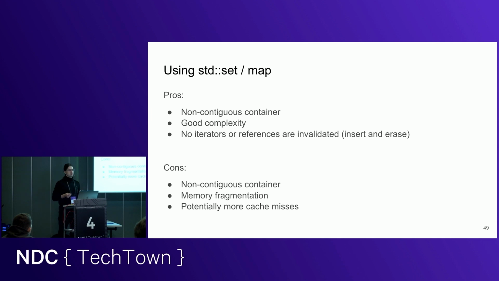So let's start with the pros and cons of using standard set or map. I'm combining them here because that's pretty much the same under the hood. At the first line, for both first pro and first con, you can see that I put here that it's a non-contiguous container. And why is it both pro and con?